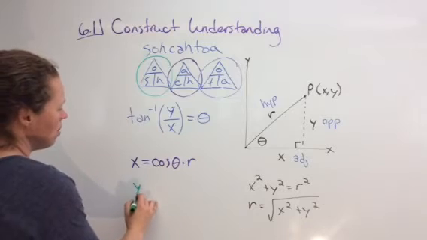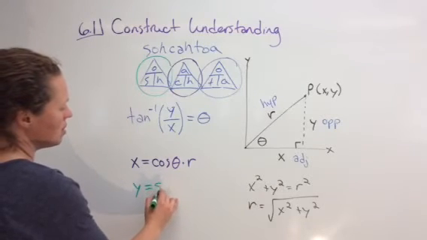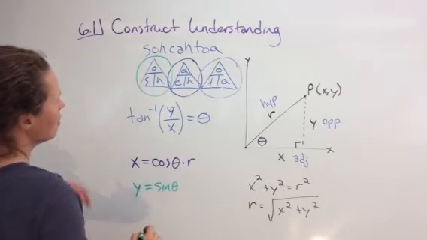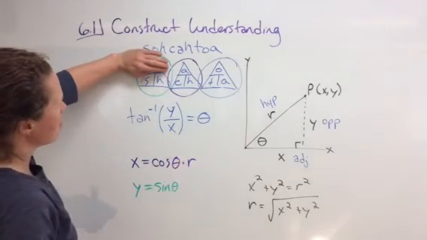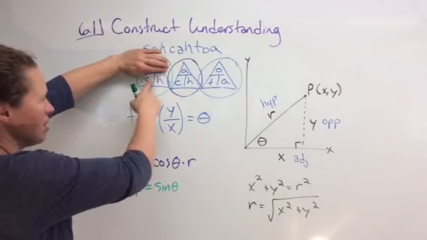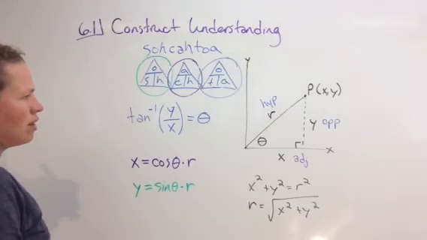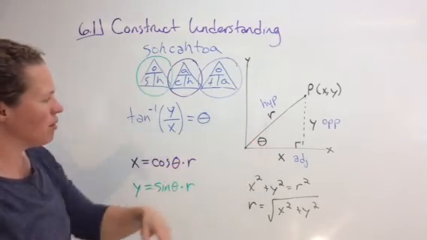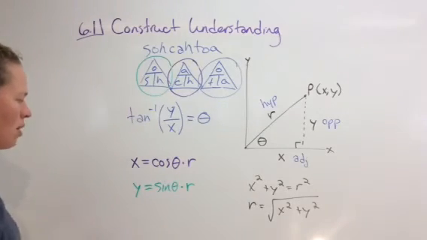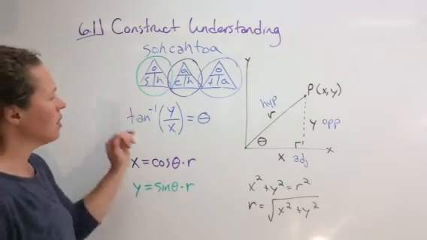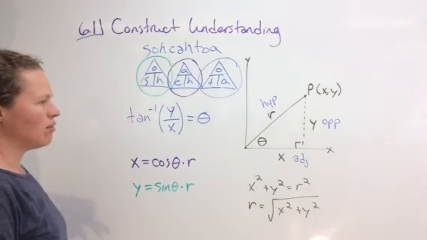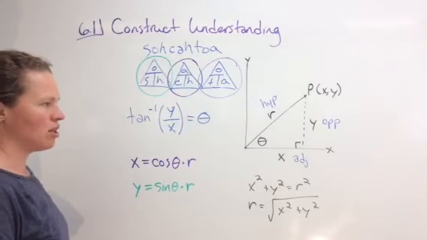So y is going to be equal to sine theta times the hypotenuse, which is the radius. I plug the radius in where the hypotenuse would go. Now I have 4 nice tidy formulas for getting this information out of this diagram.